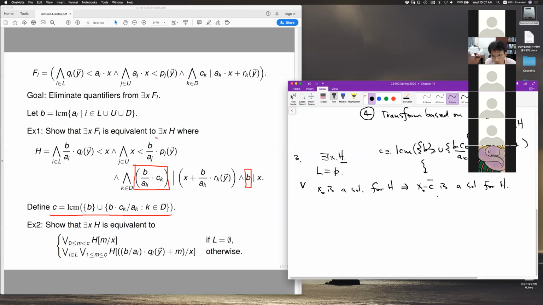Then if this is true, what can happen is that suppose this C is say 30, and x0 is like 134. Then by changing this x0, and keep subtracting 30, we can come up with a solution which is smaller than 30.